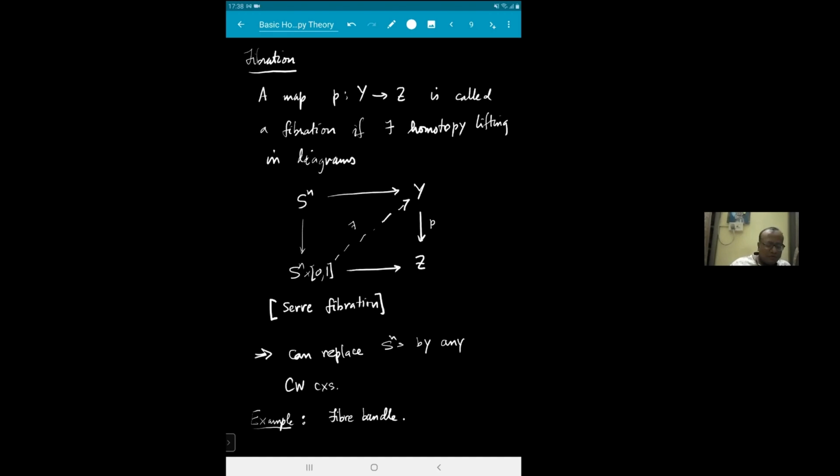You will be able to deduce that if you have a fiber bundle over a space which is a CW complex, so the base of the fiber bundle is a CW complex, then the fiber bundle is a Serre fibration. That's not hard to deduce. So that's an example. Okay, go to the next page.